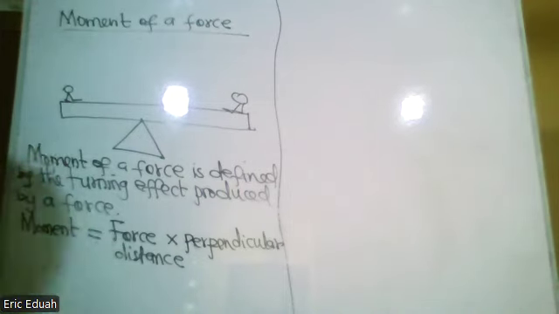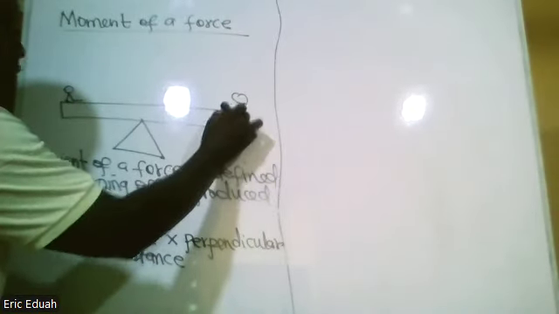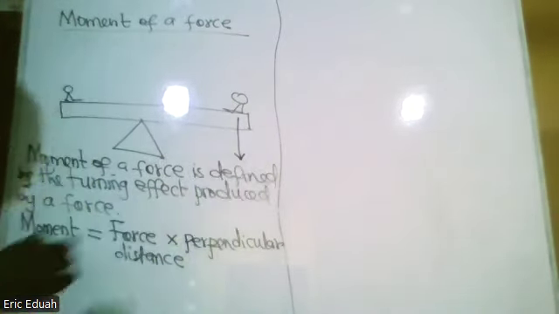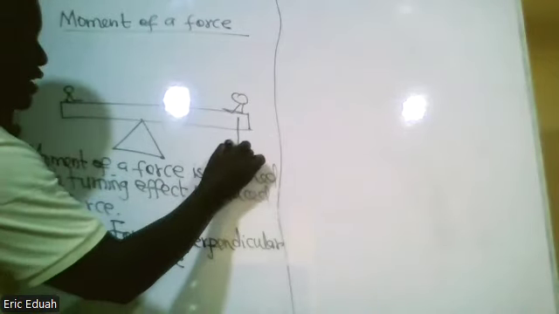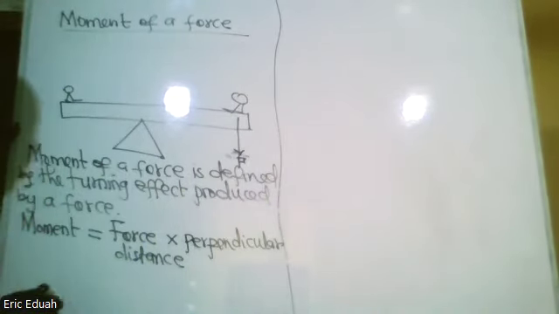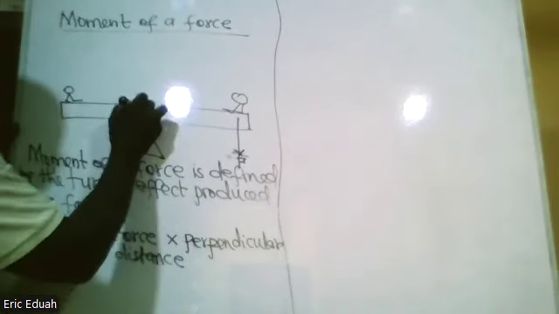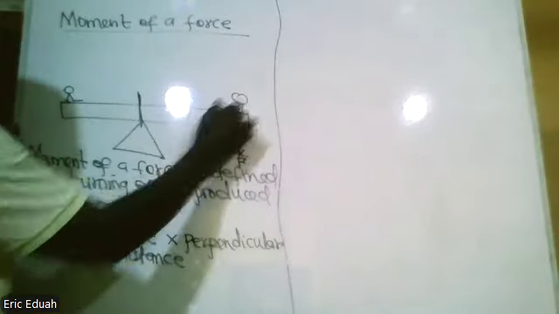Okay, so look at this illustration. Mamiya is here applying force downwards, F. If we want to calculate the turning effect produced by Mamiya, it is the force applied by Mamiya, and then this distance from the pivot.